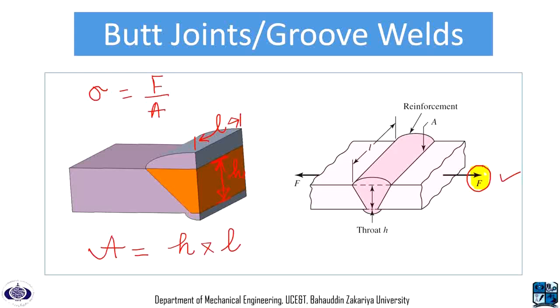However, you might have noticed that in the cross section we did not use the area of the reinforcement, because this reinforcement might enhance the strength of the weld. However, it may also increase the stress concentration.